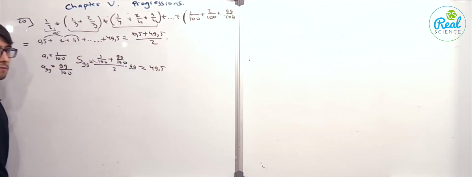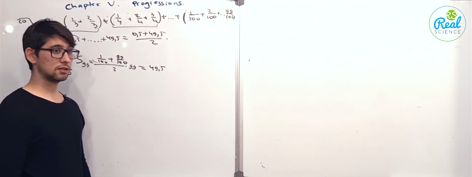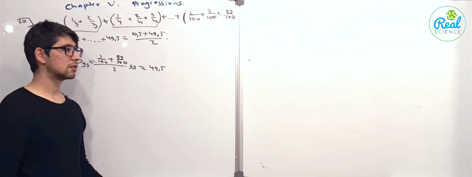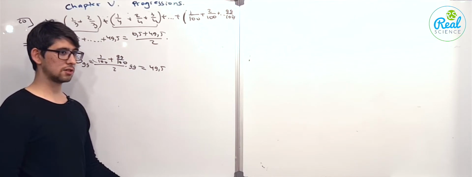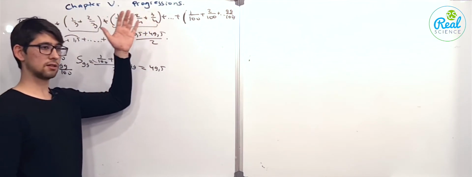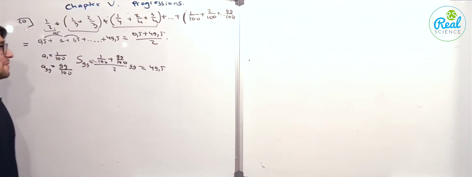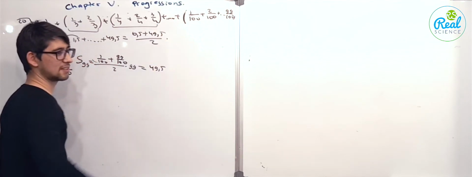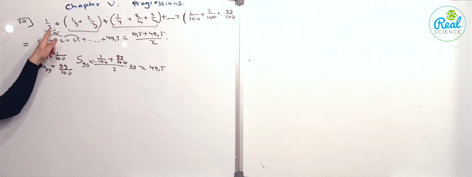How many numbers do you have? 99? No, how many brackets do you have, let's say? You have many more over here, you see? It starts from 2.